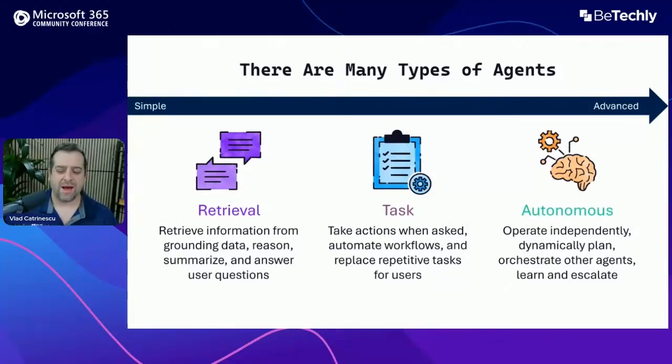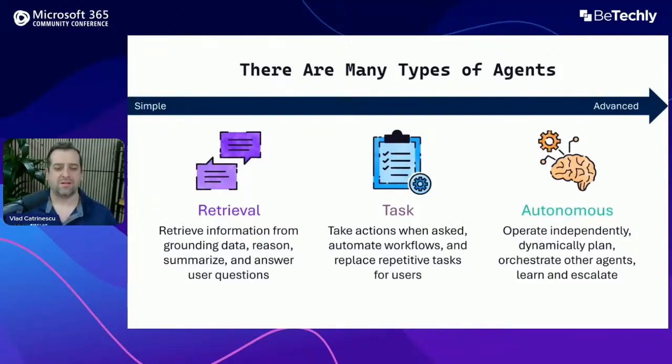And finally, we have autonomous agents. Autonomous agents are agents that will not wait for you to interact with them because most of the experiences that we've had so far with AI tools, think of ChatGPT, think of Gemini, think of Copilot, of course. You're the one that has to go do the first step.